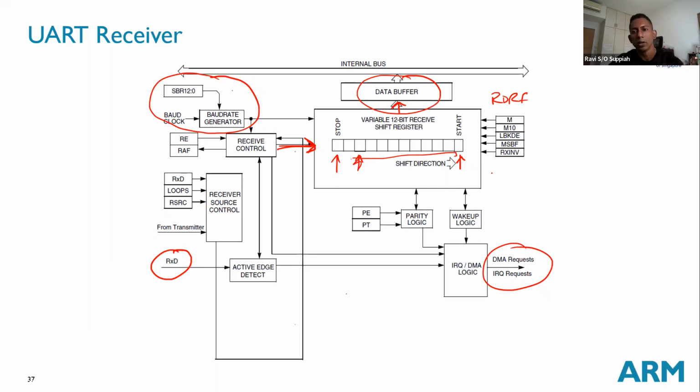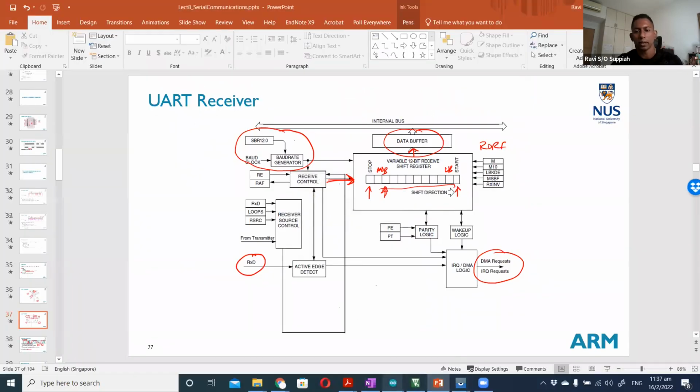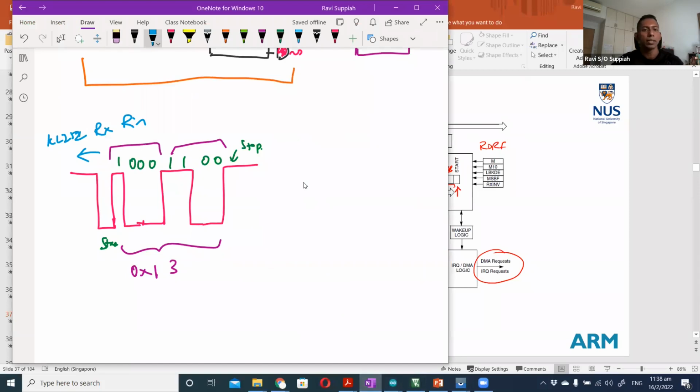This is your LSB and this is your MSB. Even though I transmit LSB first, when it gets shifted into the register, it will also be LSB first. Which means that when this data goes in all the way, this will map to the LSB and this will map to the MSB.